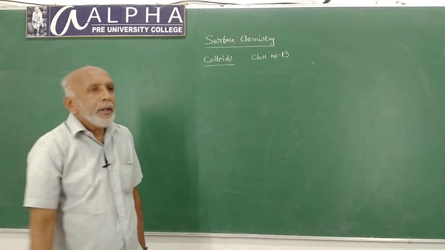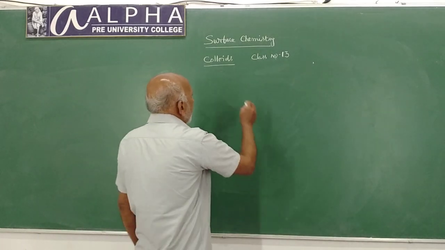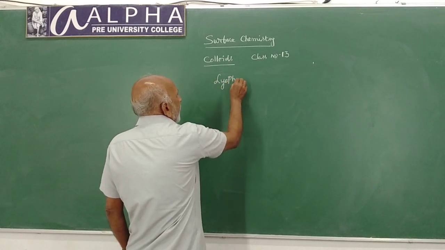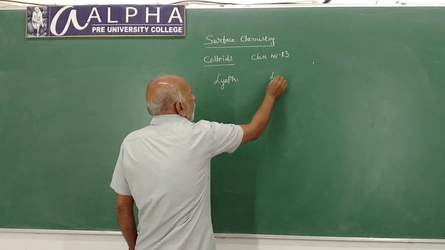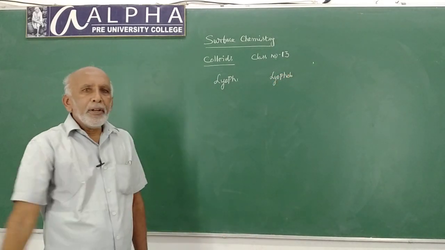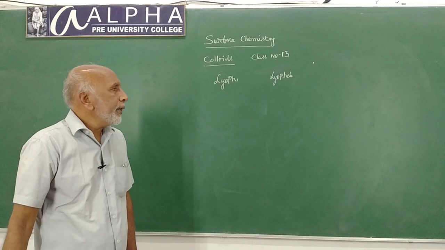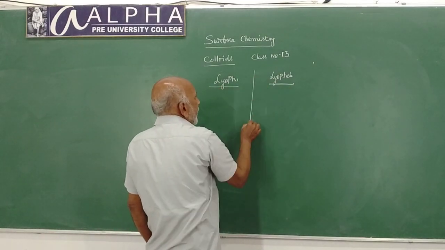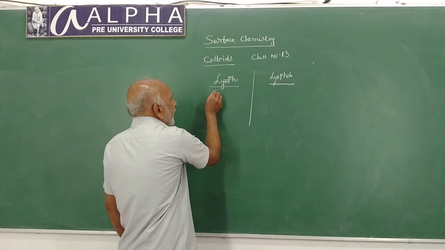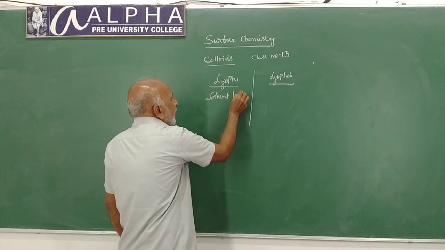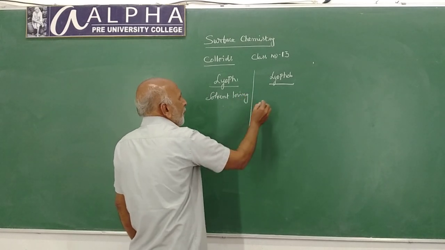We know there are two types of salts, lyophilic and lyophobic. Lyophilic salts are solvent loving salts or liking salts.